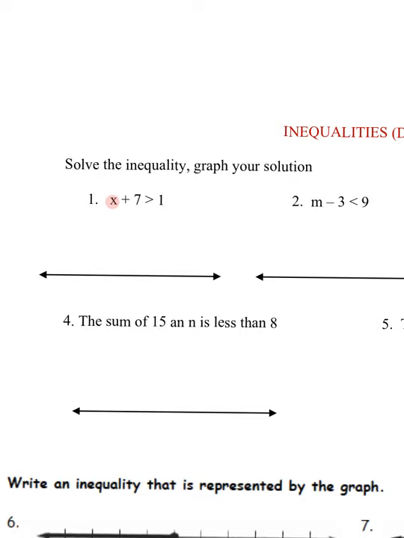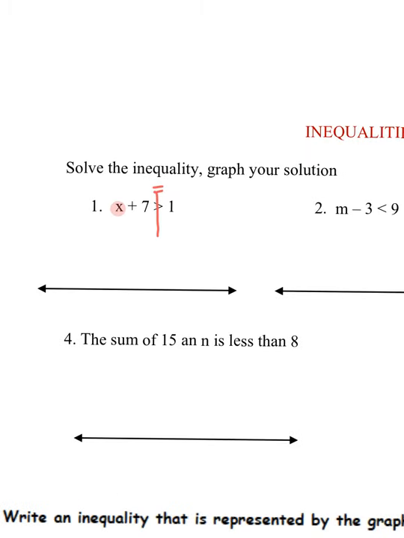And the one thing that we need to remember is you can kind of imagine that that's an equal sign when you're solving, and then put the inequality sign back in at the end. So if we look here, what we would do in an equation, if the sign were equal, we would subtract 7 from both sides, and then we get x, and just put our inequality back in, is greater than -6.